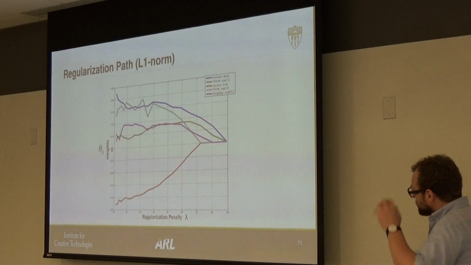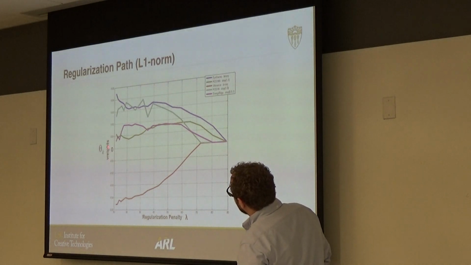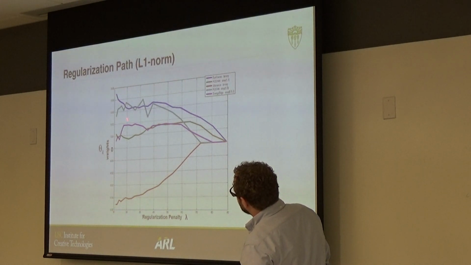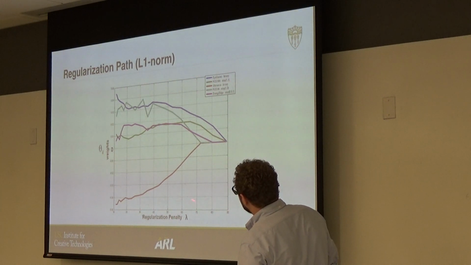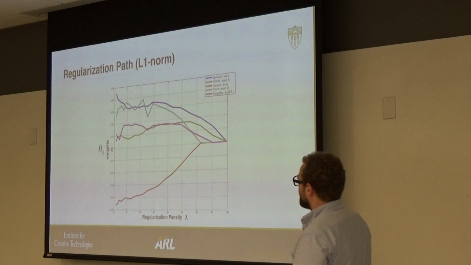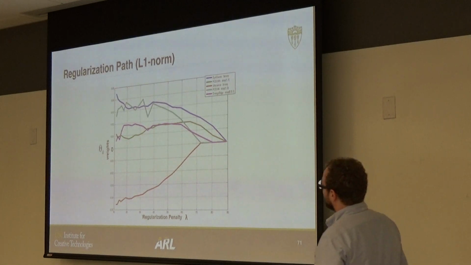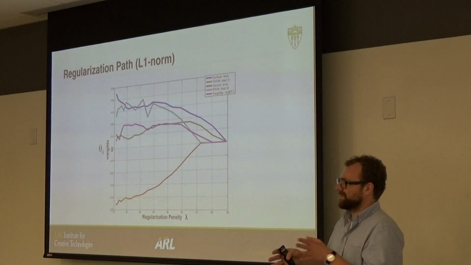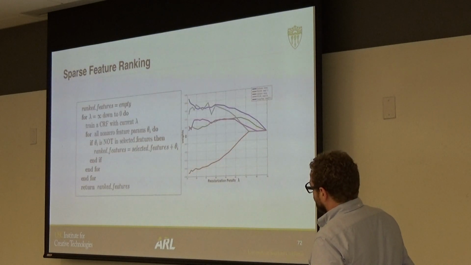If we go the other way, where we, for example, have a low regularization term first, and then we increase that regularization parameter, you see also that these features go away at the end. This is in the case of L1 norm, which is basically just the absolute value.